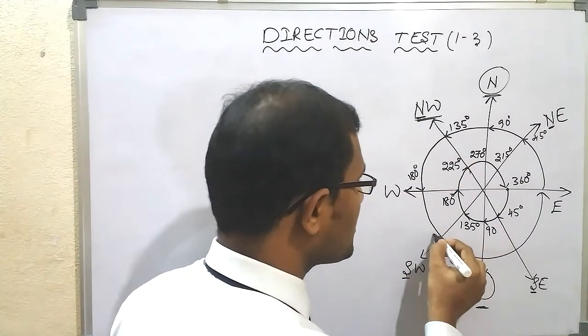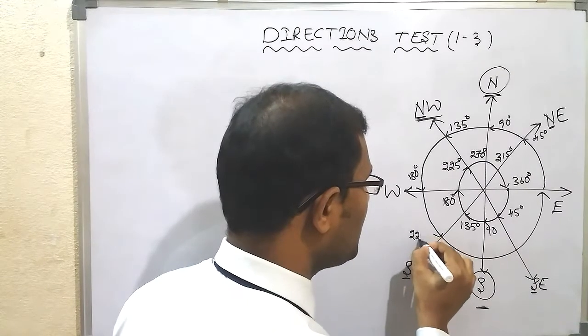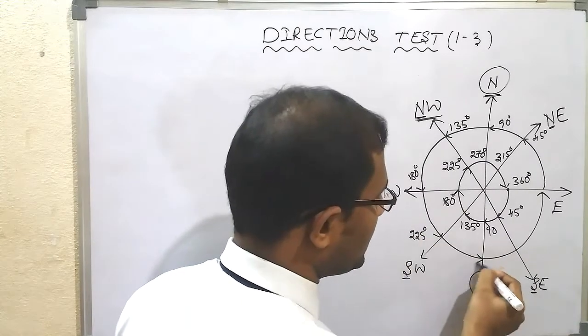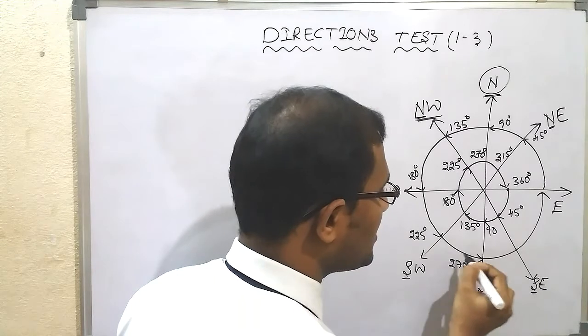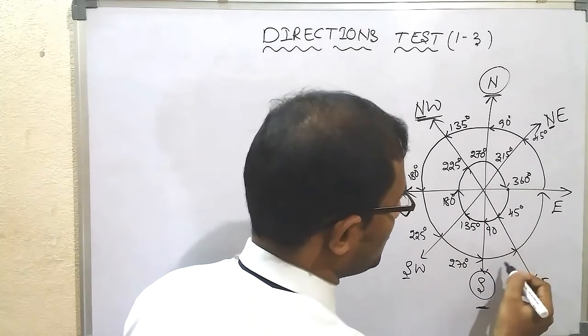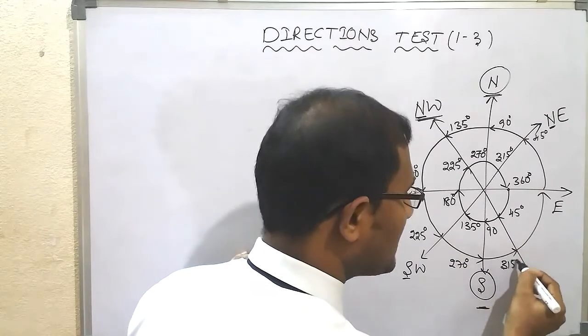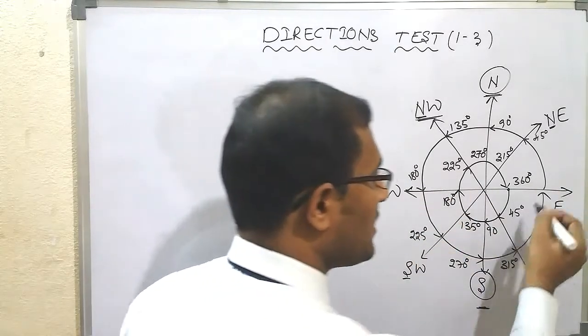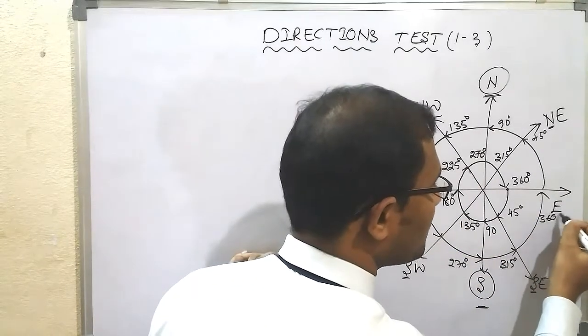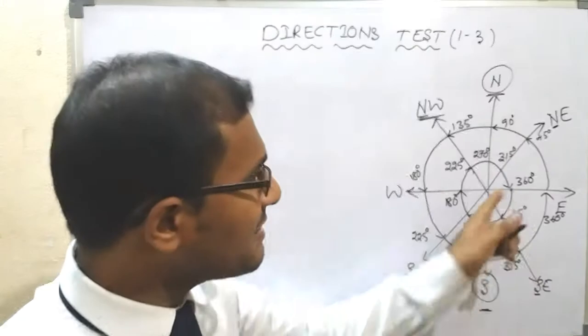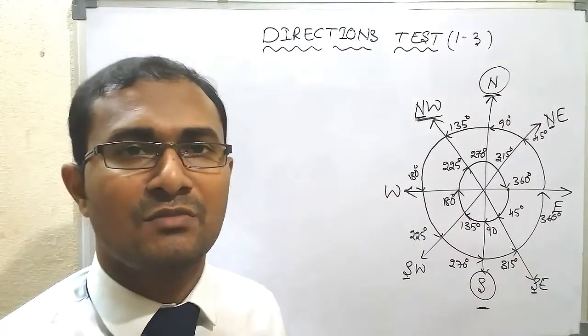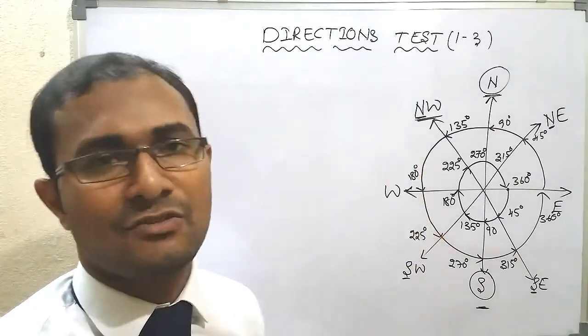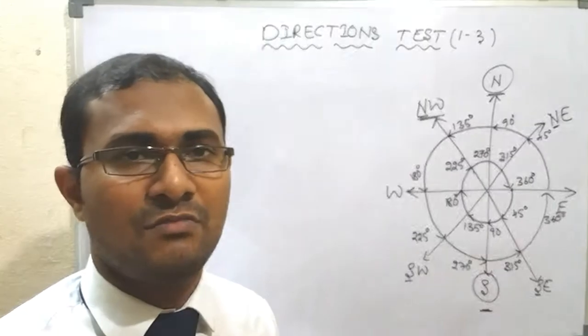Up to here it is 225 degrees, 270 degrees, 315 degrees in the anti-clockwise direction, and up to here 360 degrees. This angle rotation also we have to remember, because while solving, rotation based questions are going to be given.